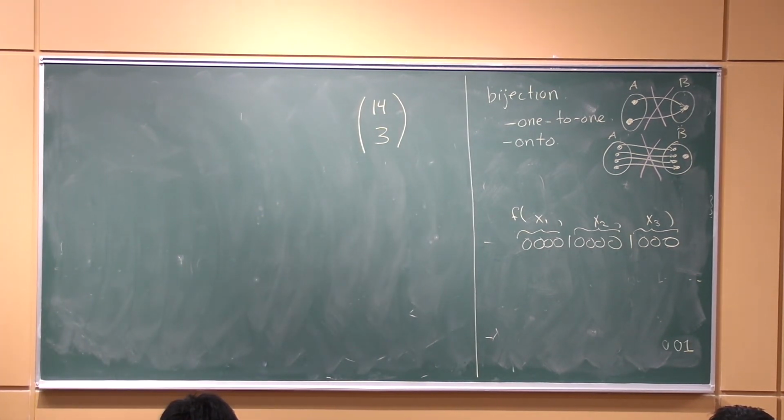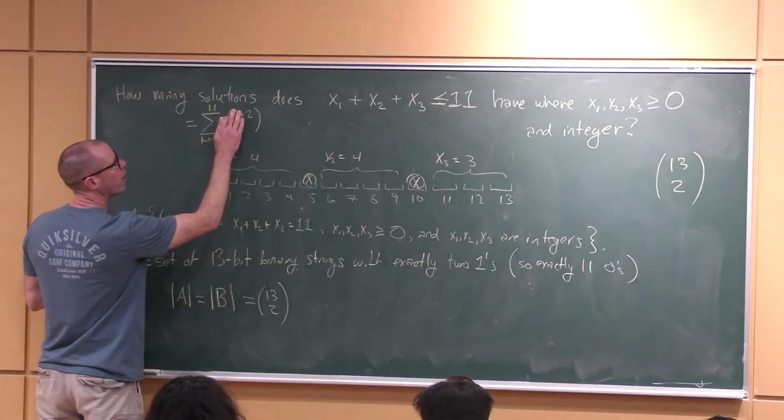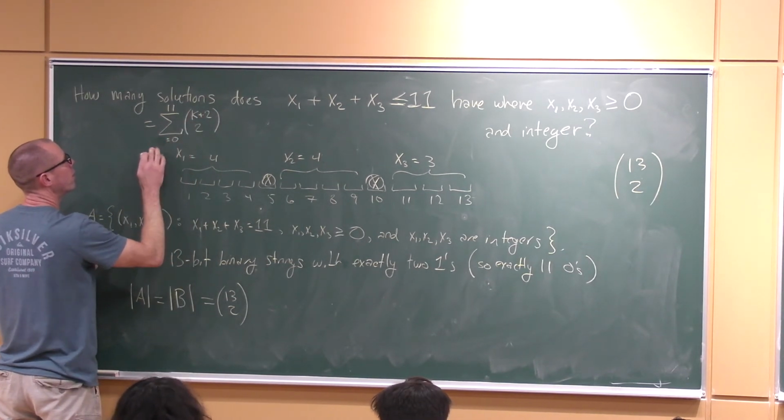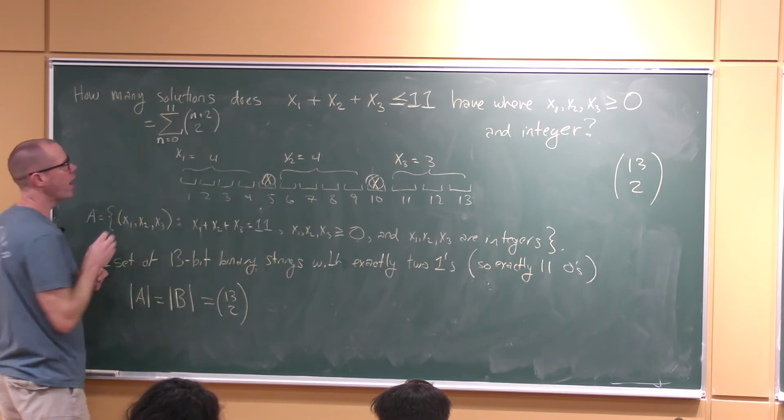Sorry, can you explain why it's k plus 2, choose 2? Because if we look at the theorem over there, maybe I should have changed variables and said I'll take n running from 0 to 11 of n plus 2, choose 2.